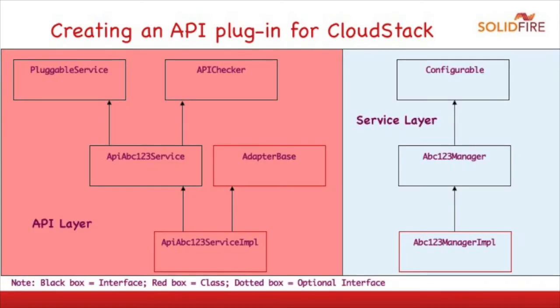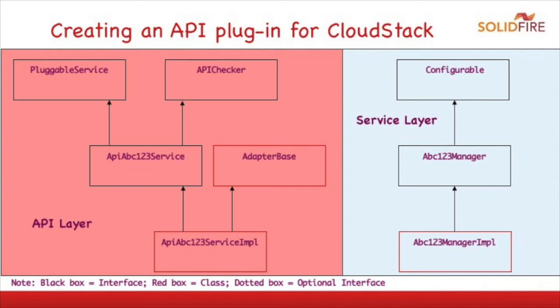So these are the main classes and interfaces that are required to actually accomplish building an API plugin in CloudStack. I've got this throughout the presentation broken up into the API layer and the service layer. If we start on the left with the API layer, and I don't know if you can see it so well on the screen, the red outlined boxes are classes.